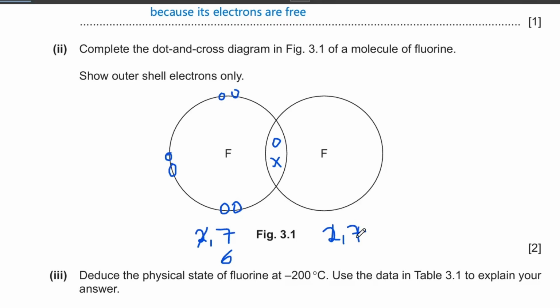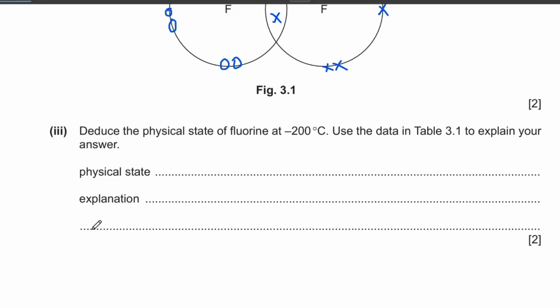It shared 1 electron, so we'll be left with 6. Those 6 electrons are going to be here. Now with this, the dot and cross diagram is complete. Fluorine is 8: 1, 2, 3, 4, 5, 6, 7, 8. The second fluorine is also 8: 1, 2, 3, 4, 5, 6, 7, 8. Complete.